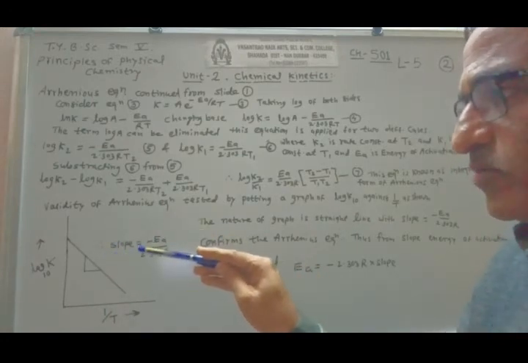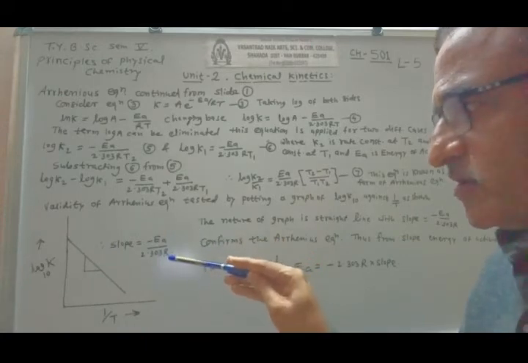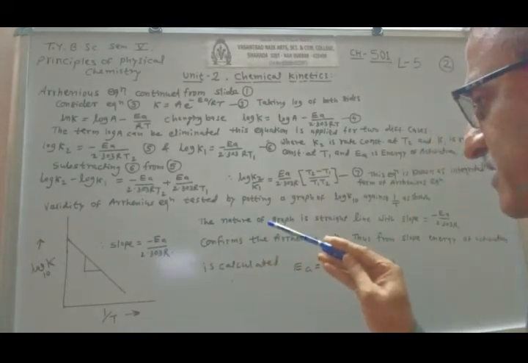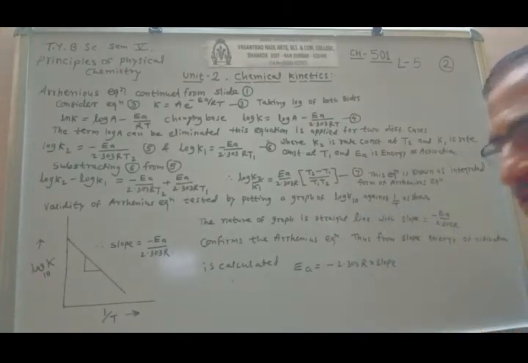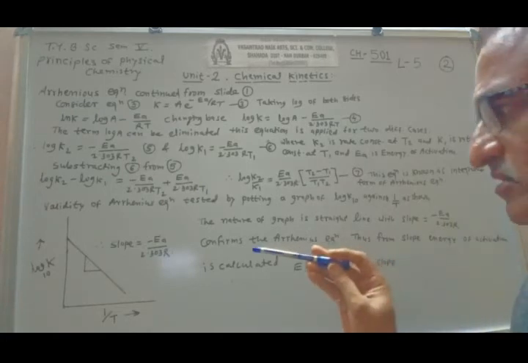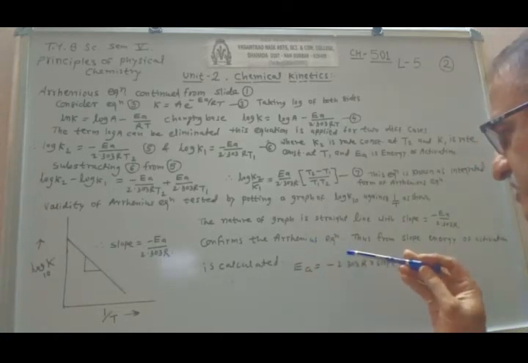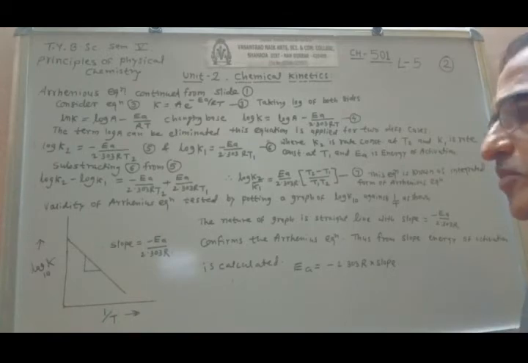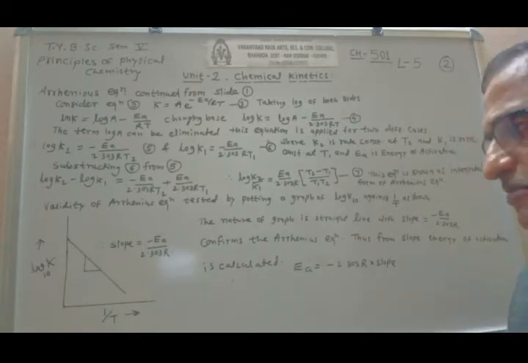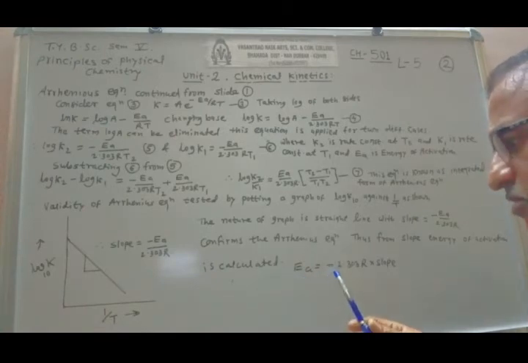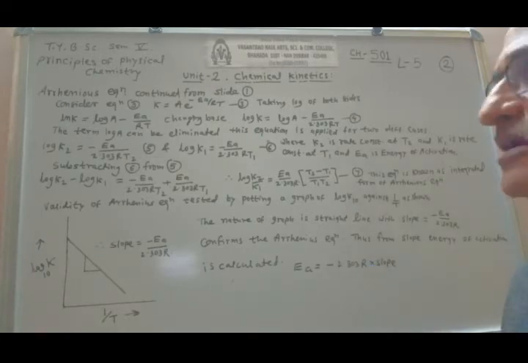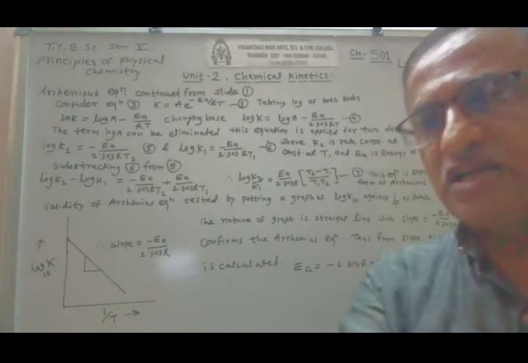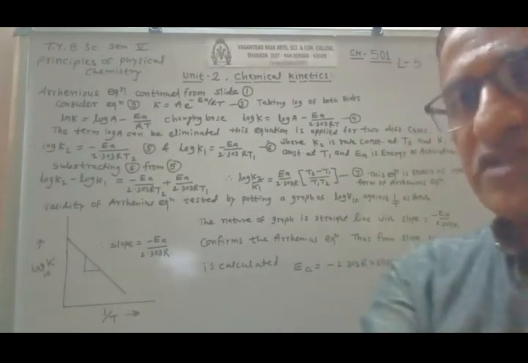Therefore slope is equal to minus E upon 2.303 R. So the nature of the graph is a straight line with the slope minus E upon 2.303 R. This confirms the Arrhenius equation. Thus from the slope, the energy of activation can be calculated by using the formula EA is equal to 2.303 R into slope.